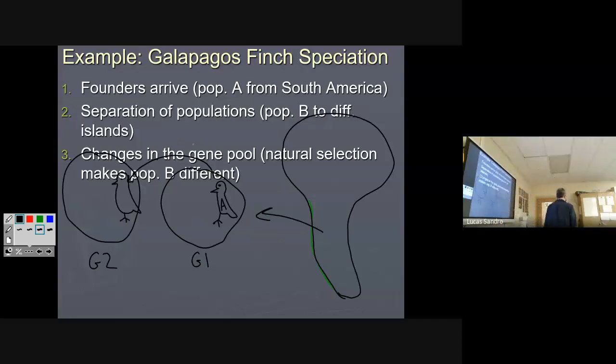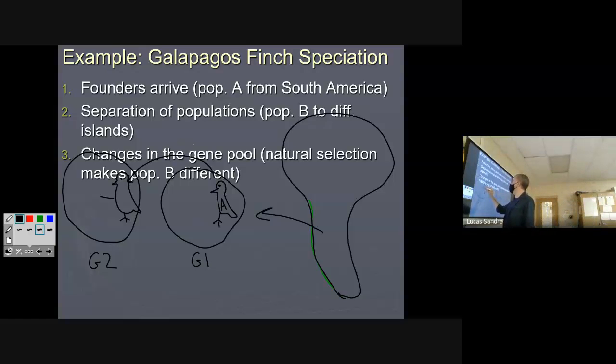In fact, the food that's available on island 2 is different. The seeds that those finches can get are big, spiny, tough seeds. And all the first year, a ton of those finches die. The only ones that survive are the ones that have bigger, stronger beaks because they can crack the big seeds open.